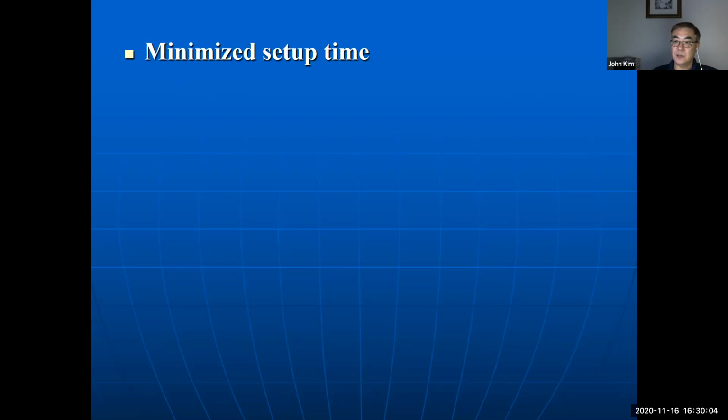It's like that. Scheduling A, B, like this, they need 3 setup times between those different product schedules. But if they can reschedule this, then only one setup time.